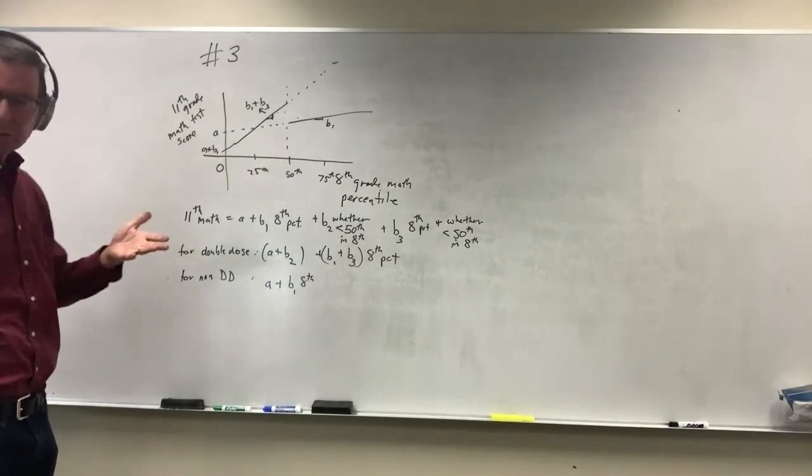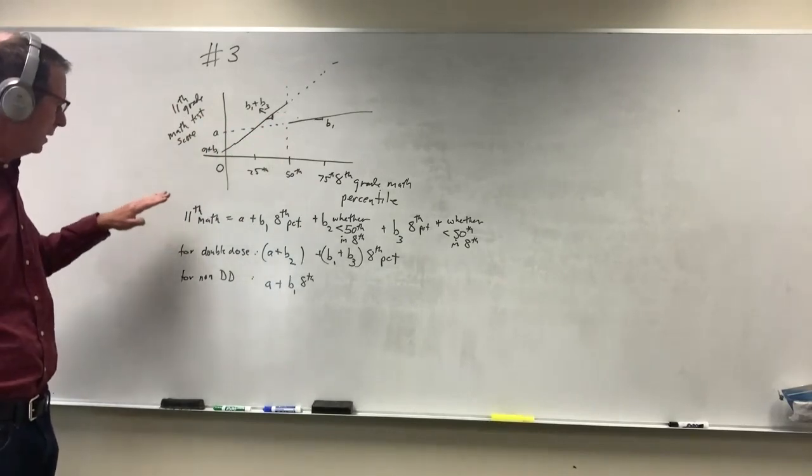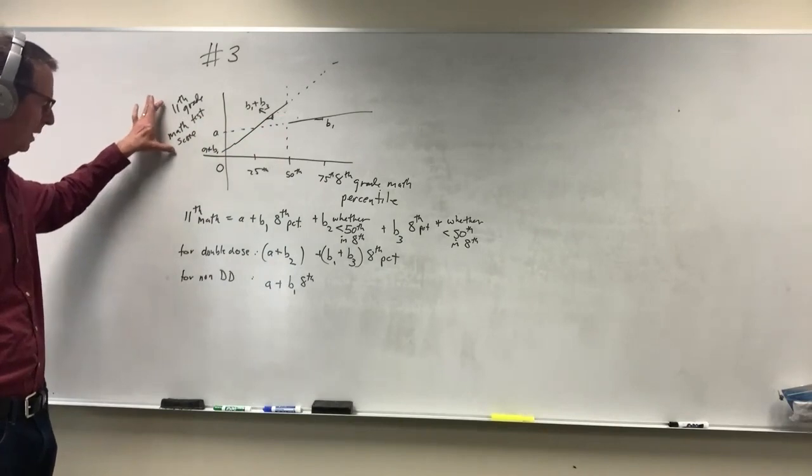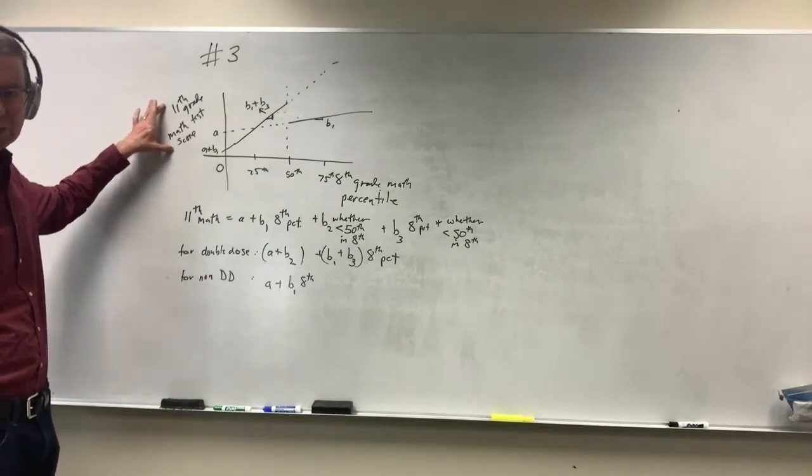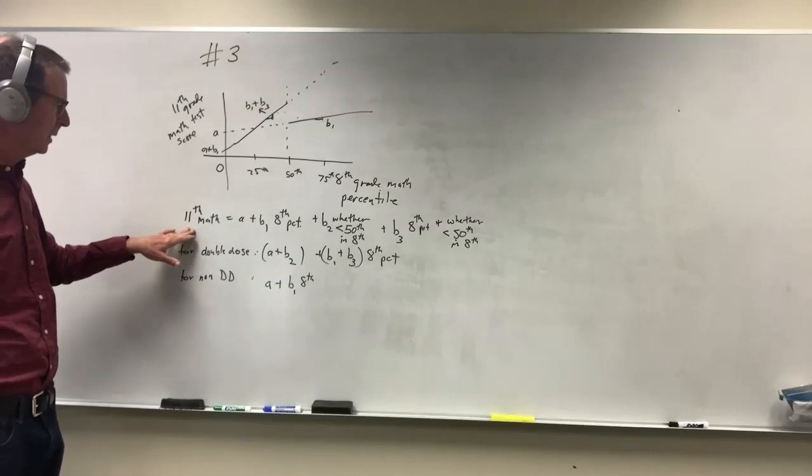So the regression, as we've talked about, is, let's just say we take the 11th grade ACT math score as an outcome.